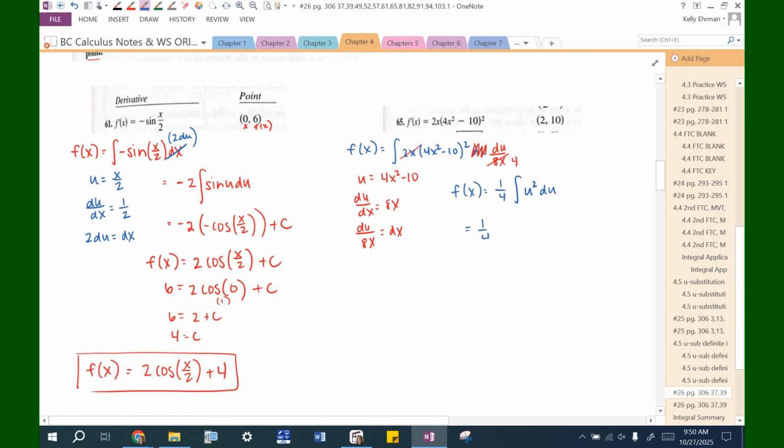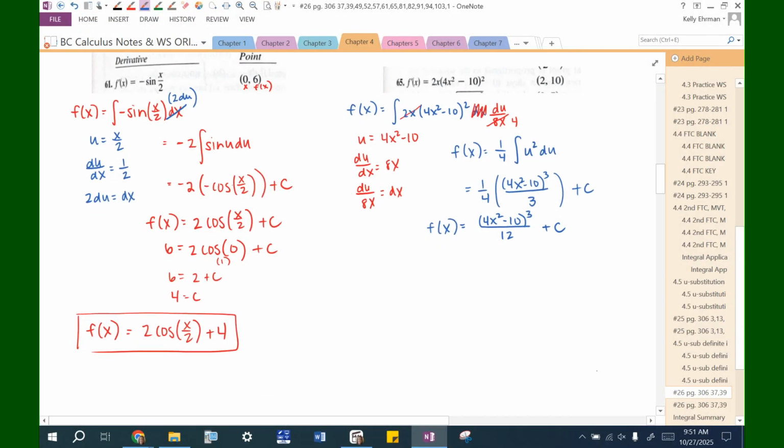And that's 1/4 times u to the third, (4x squared minus 10) to the third, over 3 plus c. So right now f of x is equal to (4x squared minus 10) to the third, over 12 plus c. Now we put in the point: when x is 2, f of x is 10.